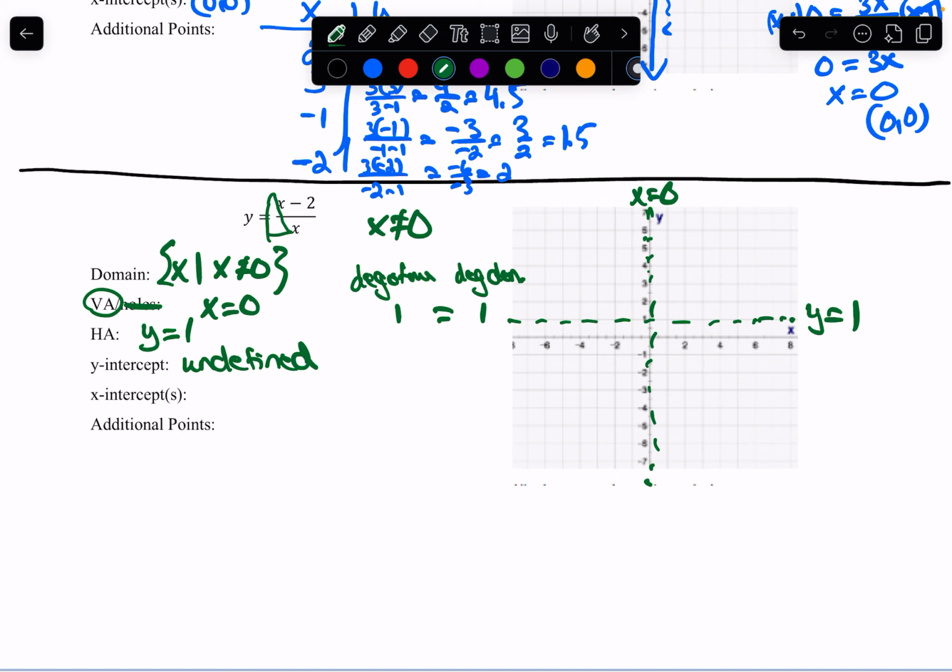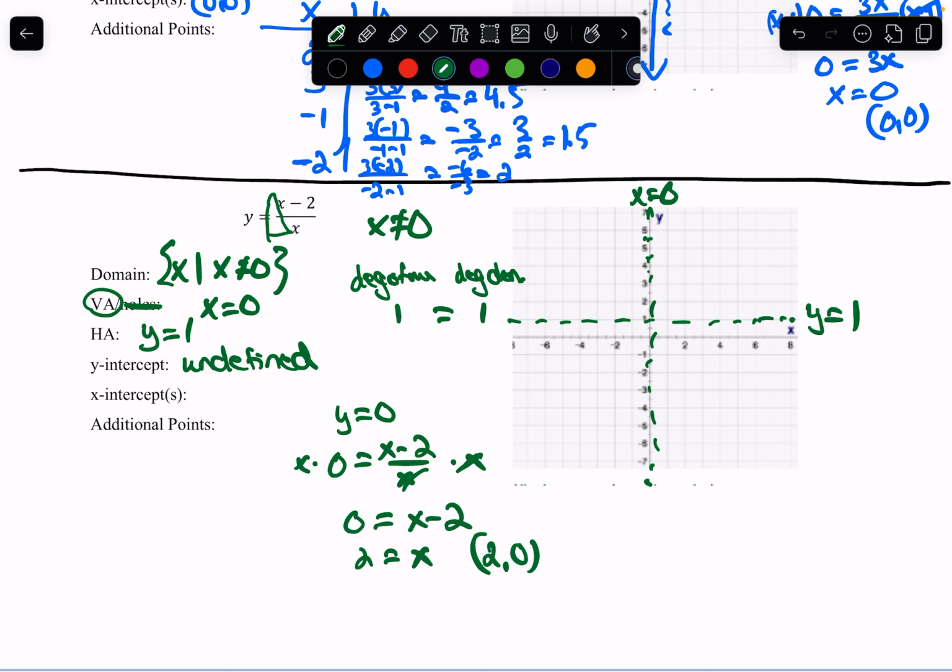So let's go ahead and set y equals 0. So we get 0 equals x minus 2 over x. We're going to multiply by x on both sides to cancel these out. So we get 0 equals x minus 2. So 2 equals x. Our point is (2, 0), where it crosses the x-axis right here.